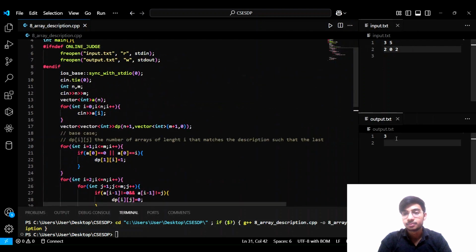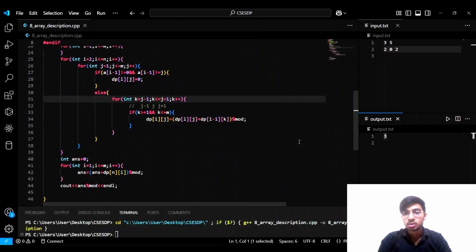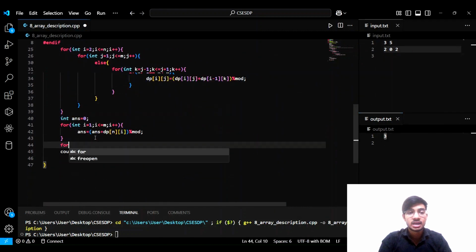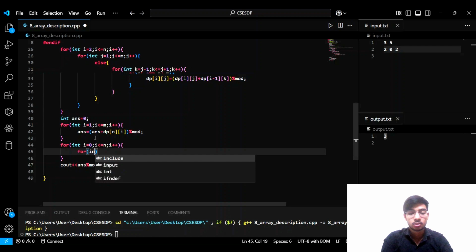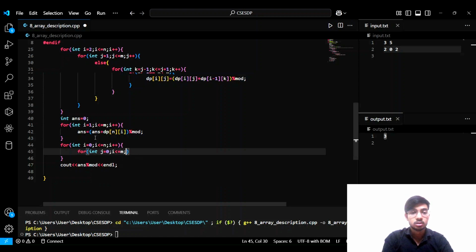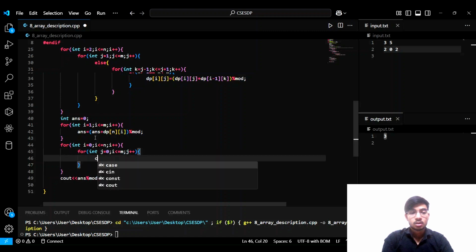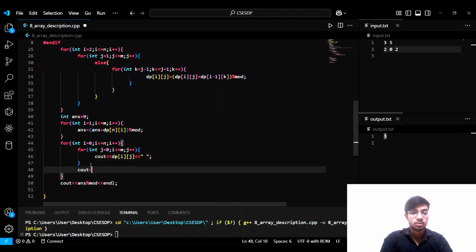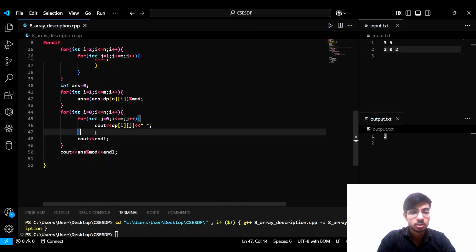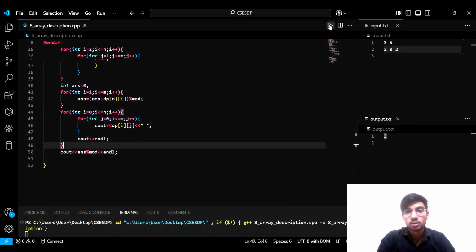So the number of arrays is three. Let me print the dp table for just understanding. For i less than or equal to n, i plus plus, for int j equals 0, j less than or equal to m, j plus plus, cout dp of i j.